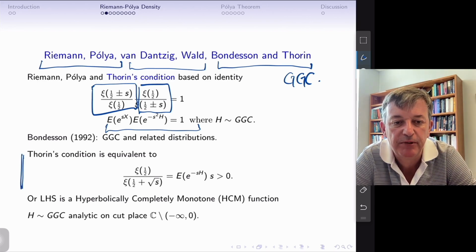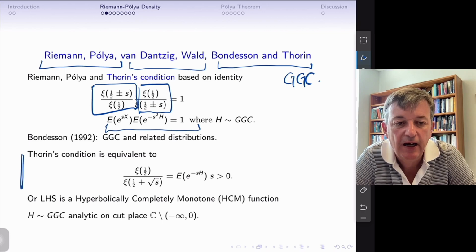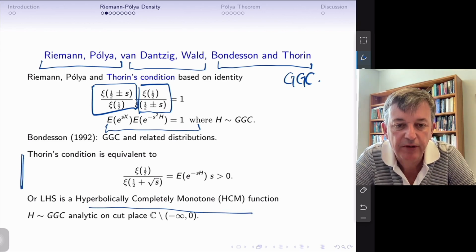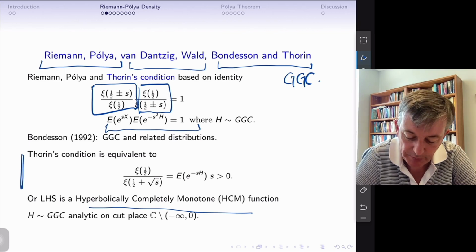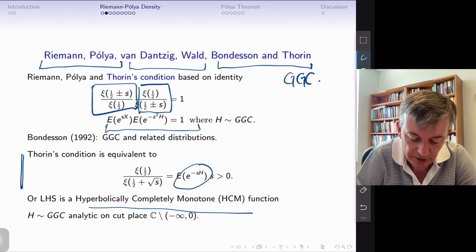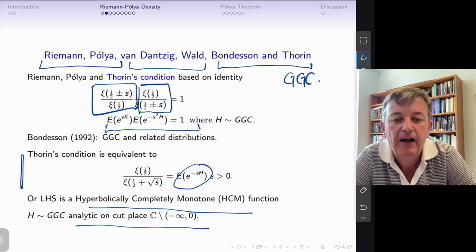As I said, my previous videos have looked at that. Or as Leonard Bonnesen would say, the ratio function is a hyperbolically completely monotone function. And again, why is that very useful? Although we won't discuss it more here, it's very useful because we know that the Laplace transform of a GGC is analytic on the cut complex plane.